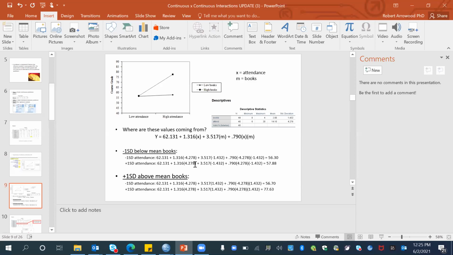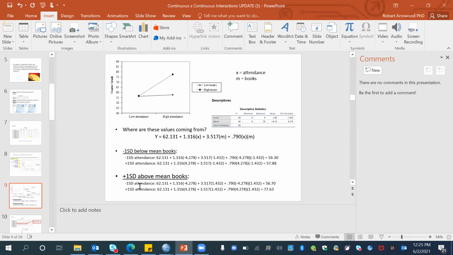Plus our slope of books times minus the standard deviation of books, because we're still looking at low books, plus our slope and all that information. That gets us our score of 57.88. That's what someone would make if they attended a lot of classes but didn't read a lot of books.